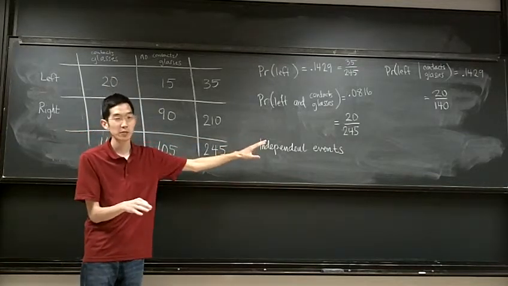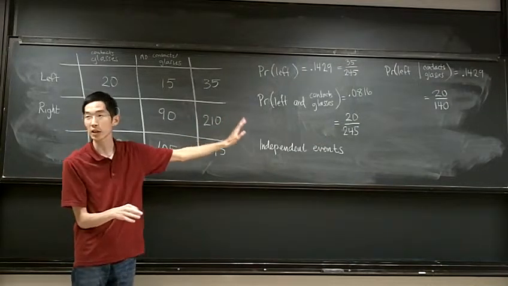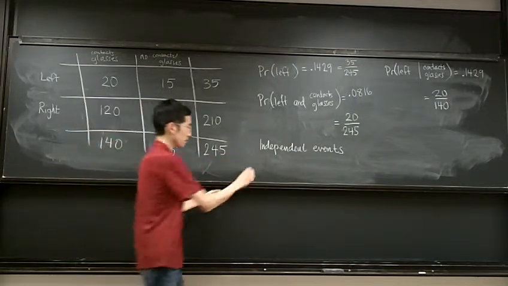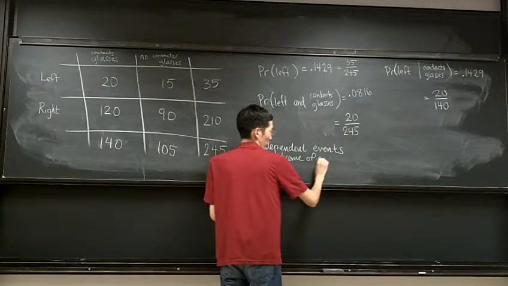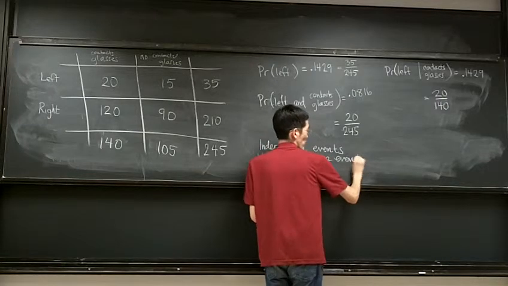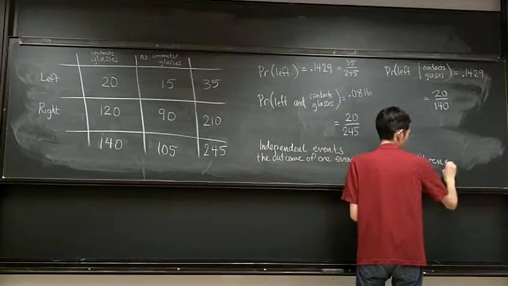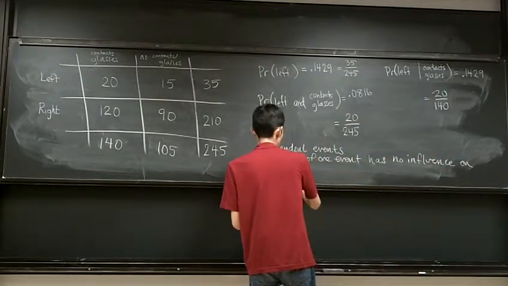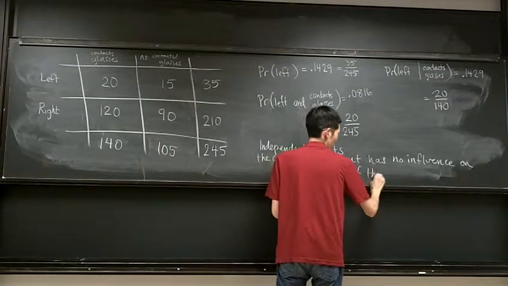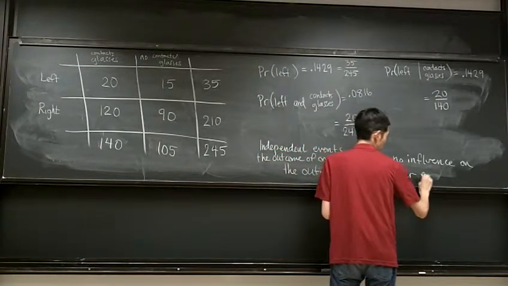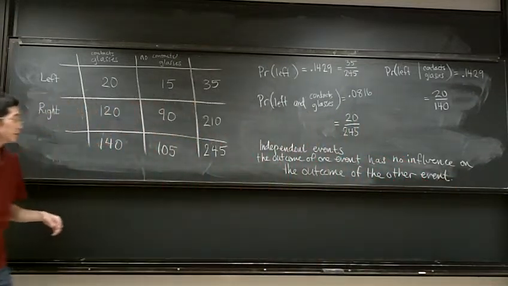Independent events means the outcome of one event has no influence on the outcome of the other event. Okay?